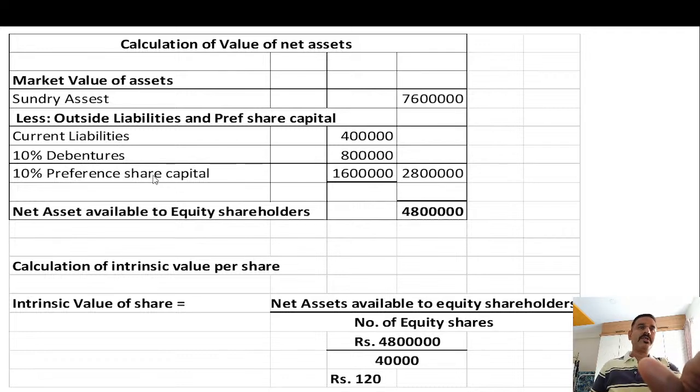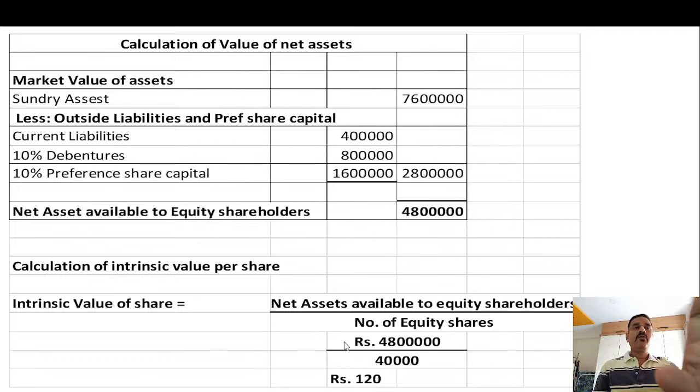So calculation of intrinsic value per share. Intrinsic value of share equals net assets available to equity shareholders divided by number of equity shares, that is rupees 48 lakh divided by 40,000 shares. This was given in the problem. So net assets available to equity shareholders we have calculated on the basis of assets minus outsiders' liability.